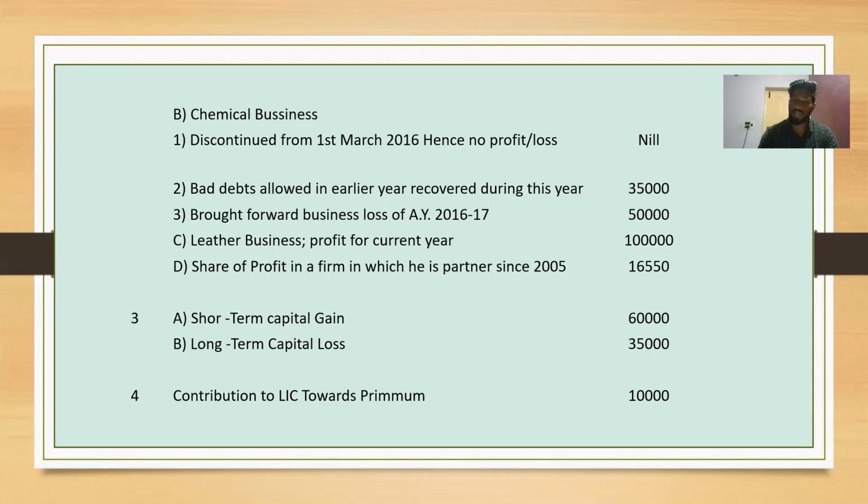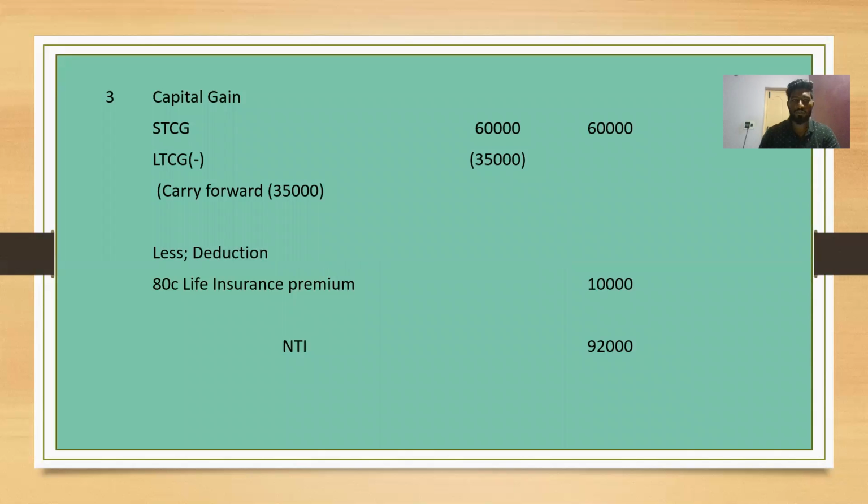Here, long-term capital loss will never be set off against short-term capital gain. So we have a short-term capital gain of rupees 60,000, which we write in the outer column. The long-term capital loss is of rupees 35,000, and we don't have profit in long-term capital gain, so we are carrying forward 35,000 to the next assessment year.